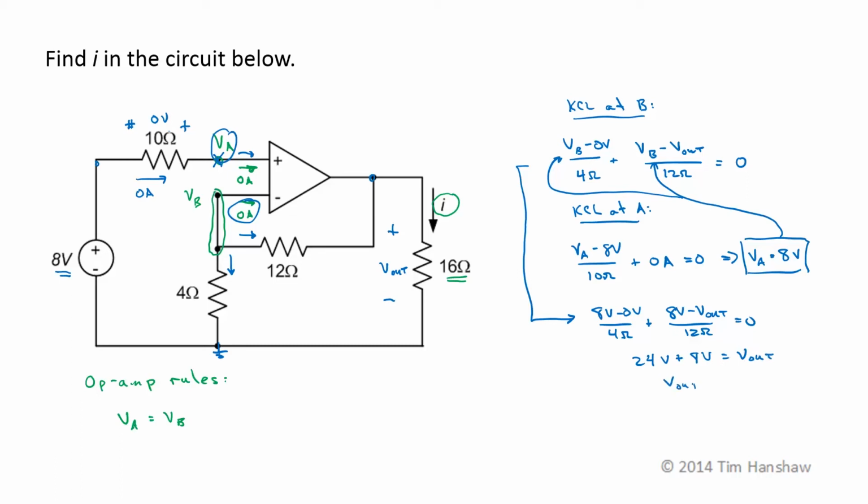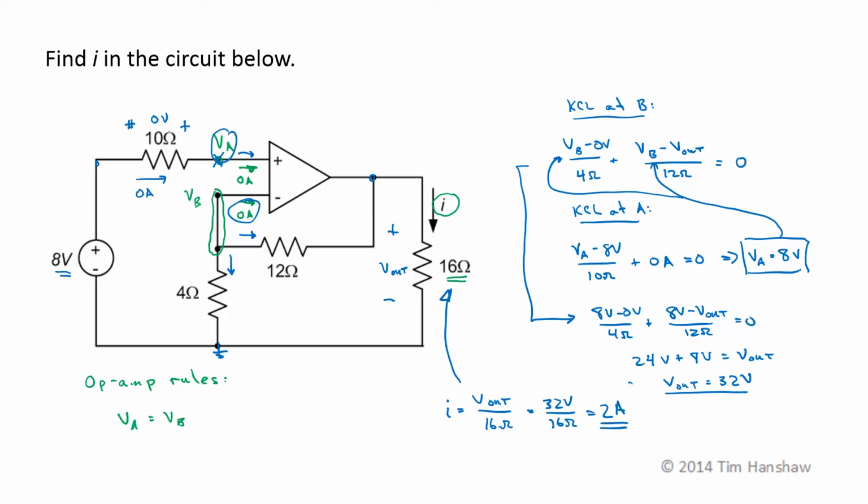So V out is equal to 32 volts. If V out is equal to 32 volts, I is V out over 16 ohms, which is just Ohm's law across this resistor. So that's 32 volts over 16 ohms, which is 2 amps, which is the answer to our problem.